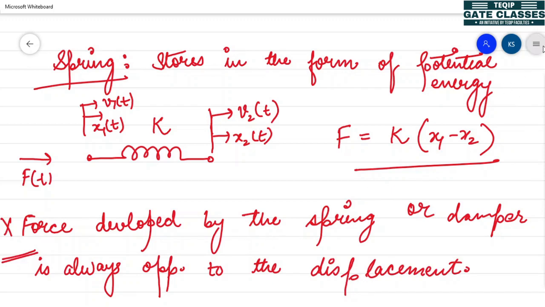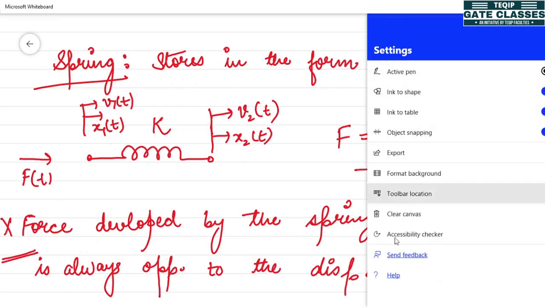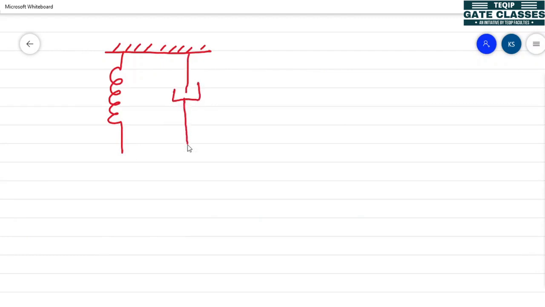body diagram. So now let us take a simple translational system. This is the reference. A spring and a damper block is connected to the mass m.